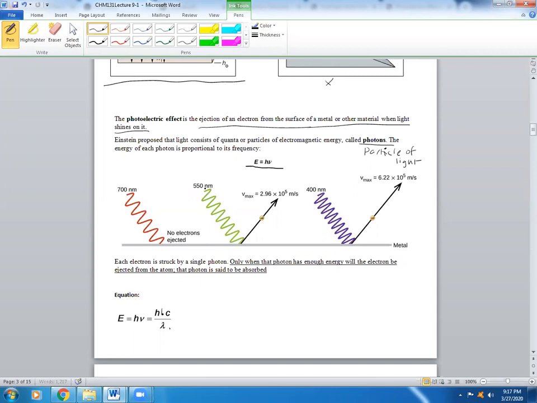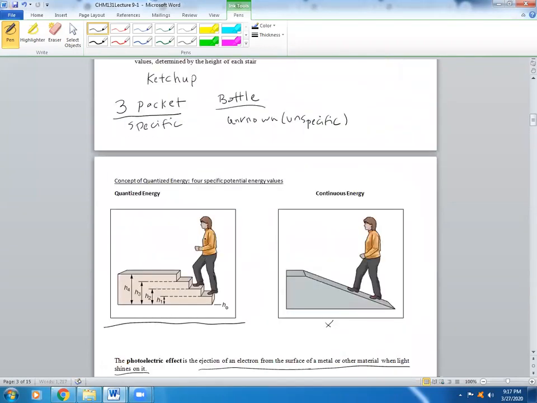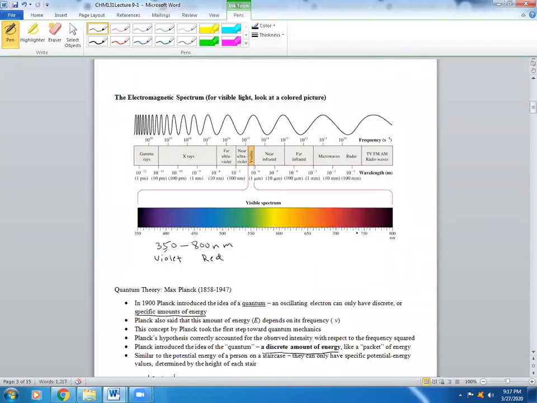But it is ejected if you use green and this bluish color. Because again, these are more energetic than red, as we looked here.